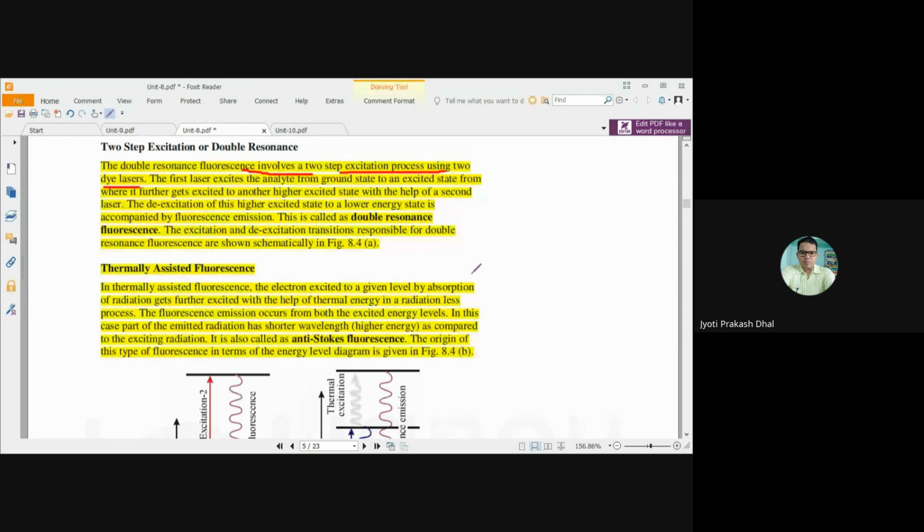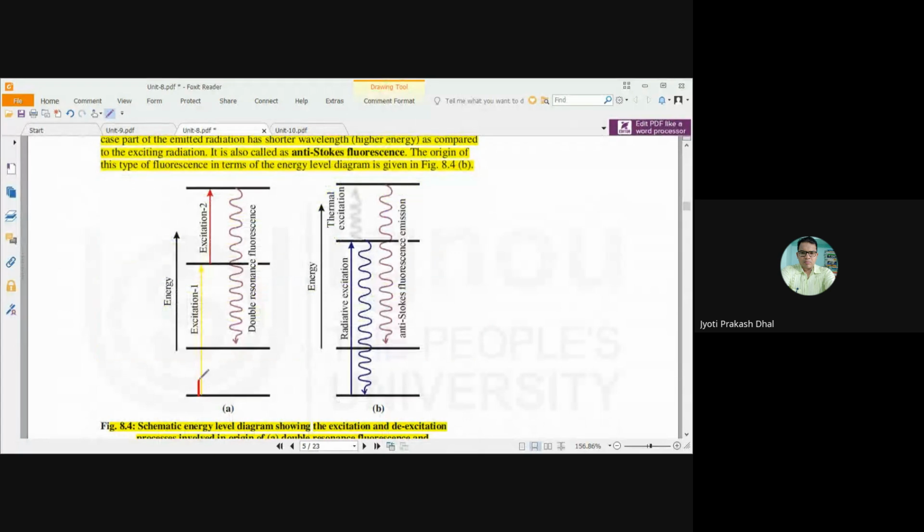Initially it undergoes first excitation, excitation 1, by absorbing radiation of a particular wavelength to move to one excited state. From that excited state, it absorbs radiation of another wavelength and moves to a still higher excited state, that is called excitation 2.